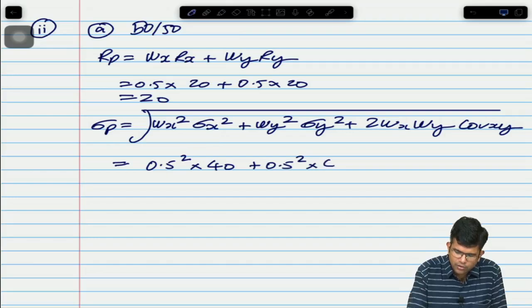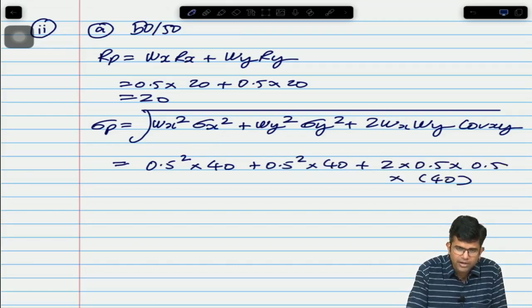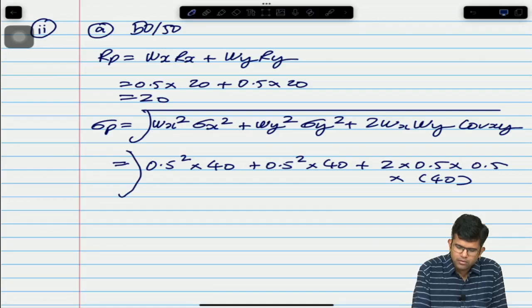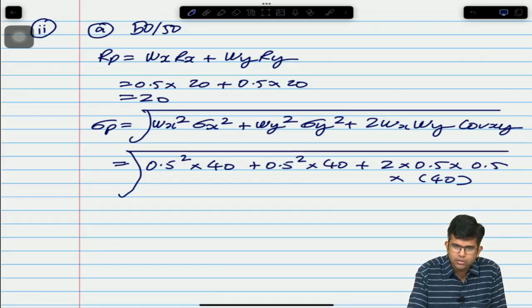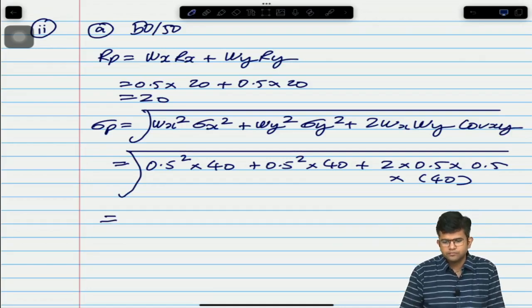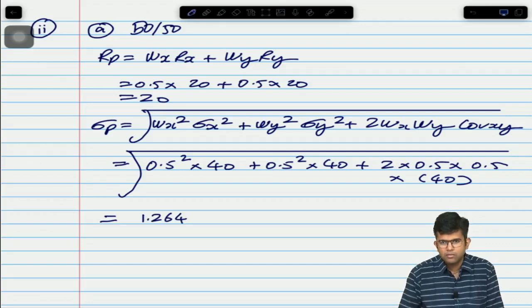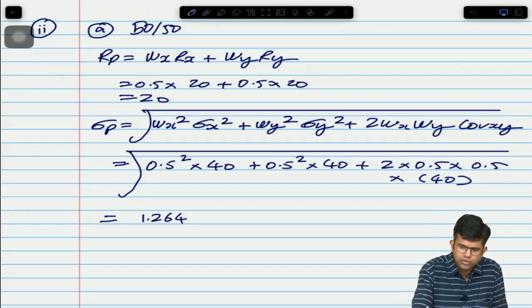Plus 0.5 square into 40 plus 2 into 0.5 into 0.5 into negative 40. Am I right? The whole under root. It should come to something like 1.264, if I am not wrong. No, this should come to 0. This will land at 0. Sigma p is 0.